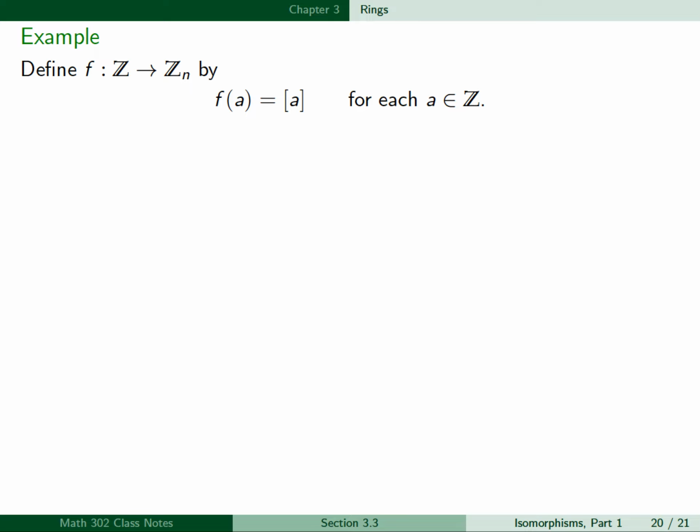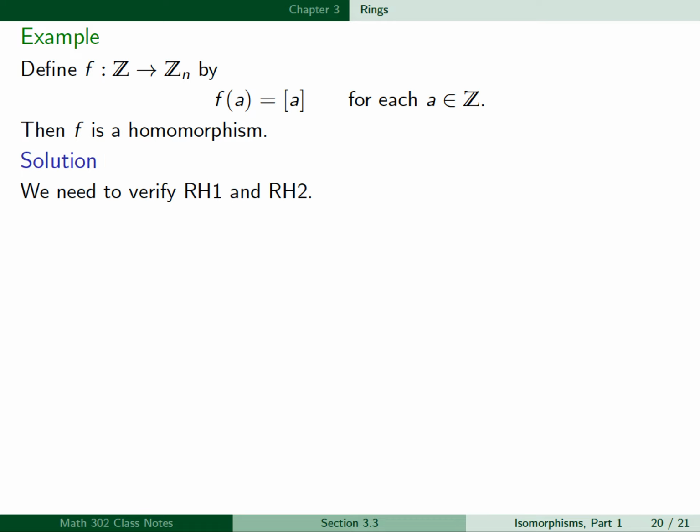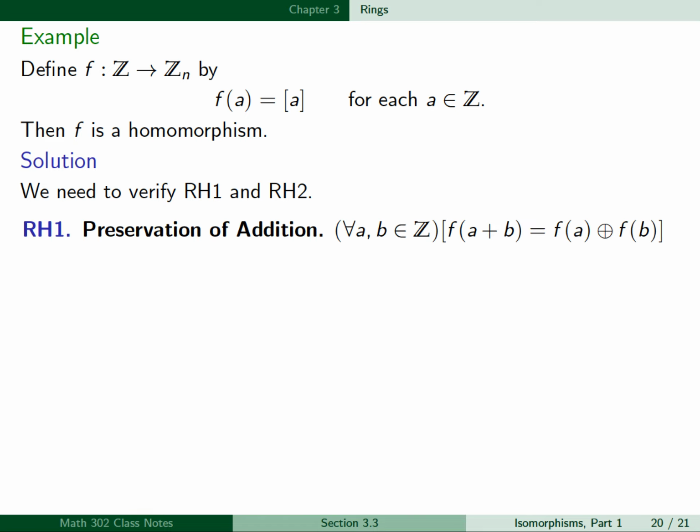For an example, let's define f from Z to Z mod n by f(a) is equal to the congruence class of a for each integer a. We want to show that f is a homomorphism. So to show this, we need to verify our two properties, Rh1 and Rh2.